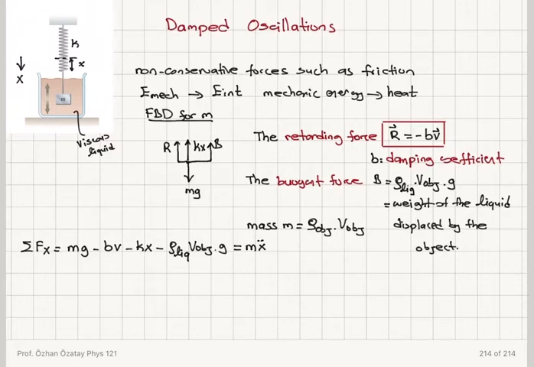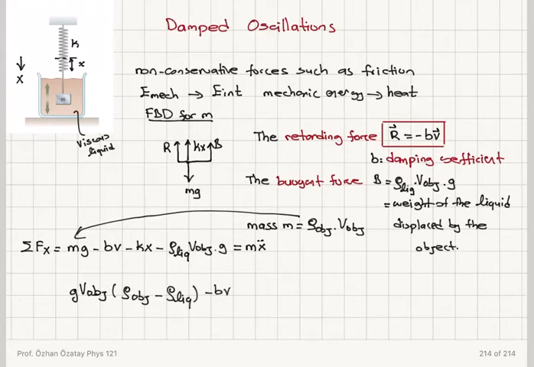So it's x double dot. Okay, so I substitute this into my equation and I obtain in the parentheses g V object (rho object, density of the object, minus the density of the liquid) minus bv minus kx is equal to m x double dot. That's the equation of motion.